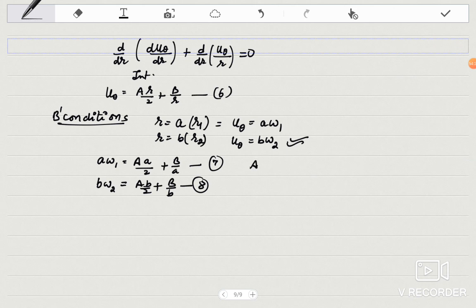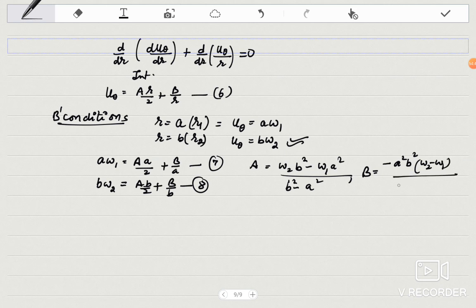If you solve these, you will get A is equal to (omega 2 b square minus omega 1 a square) upon (b square minus a square). For B, you will get minus a square b square (omega 2 minus omega 1) upon (b square minus a square). So just putting these values of A and B, you may get your u theta, your velocity distribution.